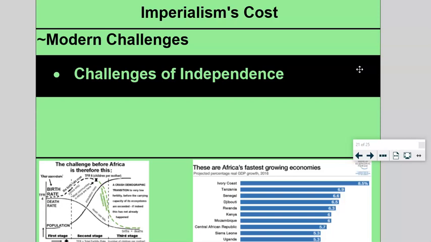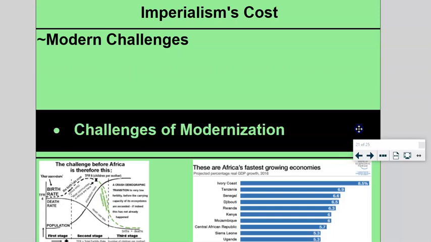Most countries fail. You've got poorly drawn borders, the inhibited growth, the civil war, the genocide, natural disasters, bad monarchies, military rule, corrupt dictatorships. It's hard to modernize when you have all these hurdles to overcome politically, economically, educationally, healthcare, borders. All these things are massive problems, right? And it's been very hard for the countries of Africa to modernize, right?